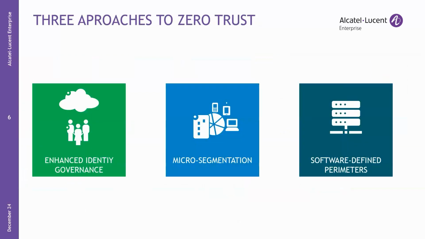NIST Special Publication 800-207 presents three approaches to a Zero Trust architecture. Enhanced identity governance is an identity-driven approach in which network access is not restricted. It is the access to resources which is restricted only to those with the appropriate privileges. From a network perspective, this approach is comparable to being on the internet, a hotel, or a coffee shop network.